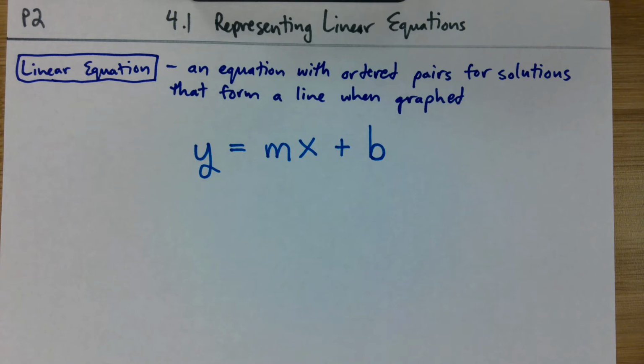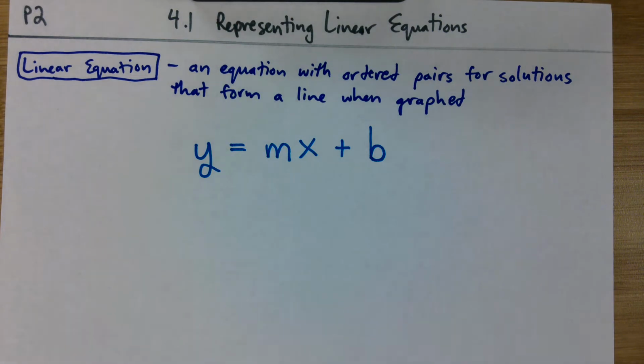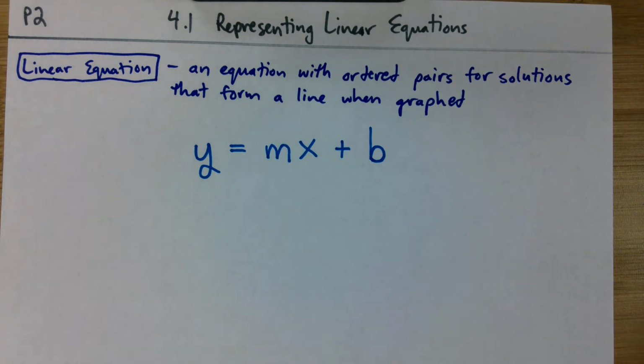Y equals mx plus b. Great question. We'll get to what b stands for here in a second. So let's break down what each of these variables means, because I don't see any numbers in that equation, and that kind of freaks me out.